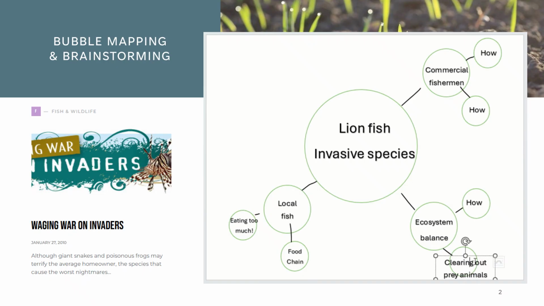So if they're eating too many of these prey animals, there's not enough for other predators, or the things that our prey animals take care of, for instance, if they're herbivores or they eat plankton, they are not there doing their job. And so suddenly there's too much of this one thing or not enough of this other, and that throws this out of balance.